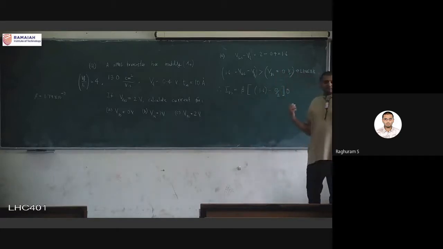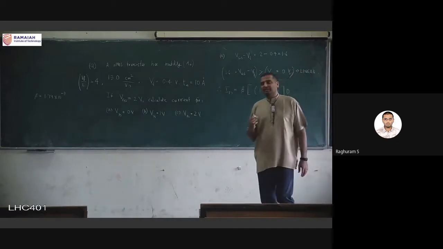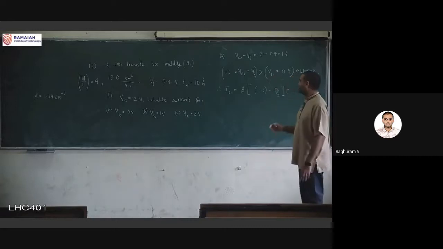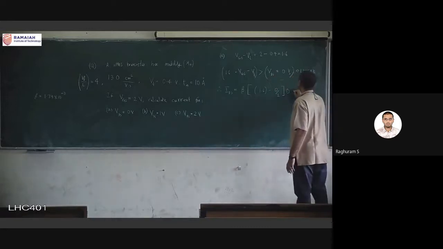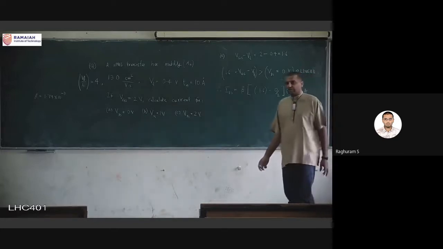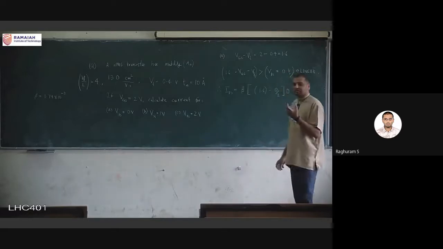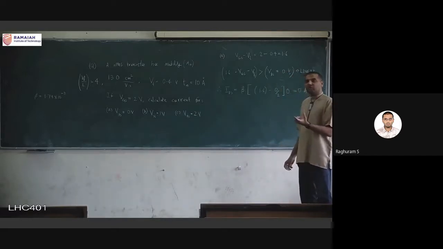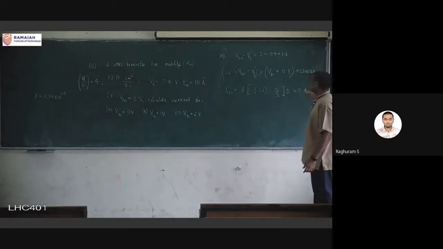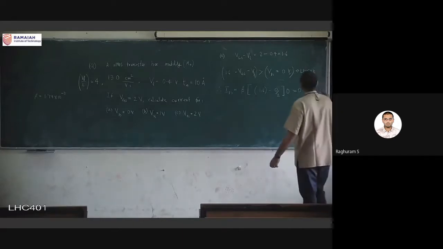This is why when VDS equal to 0, even if the transistor is on, the current is still going to be 0 because the whole thing gets multiplied by 0. The current cannot flow. There is no flow in the horizontal direction unless there is a non-zero drain source voltage. With 0 voltage, it will not flow. First case is very easy, 0 amperes. Now let us go for the second case.